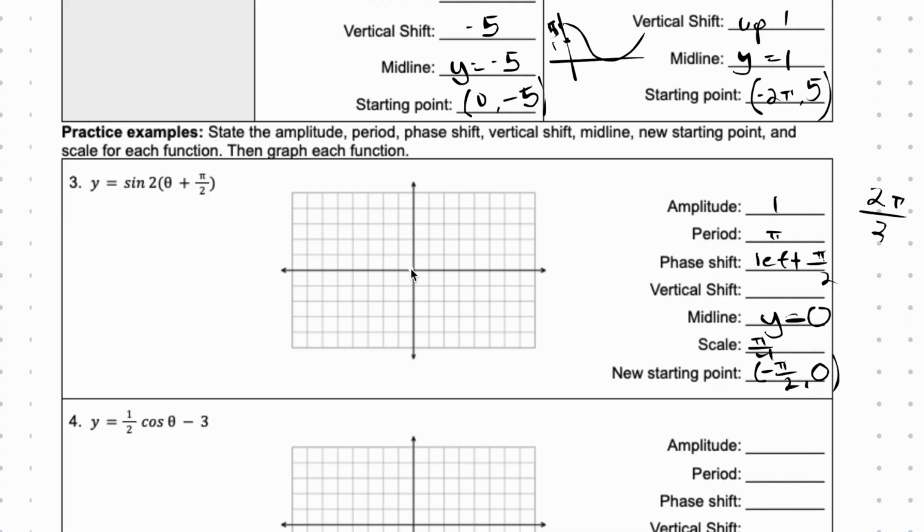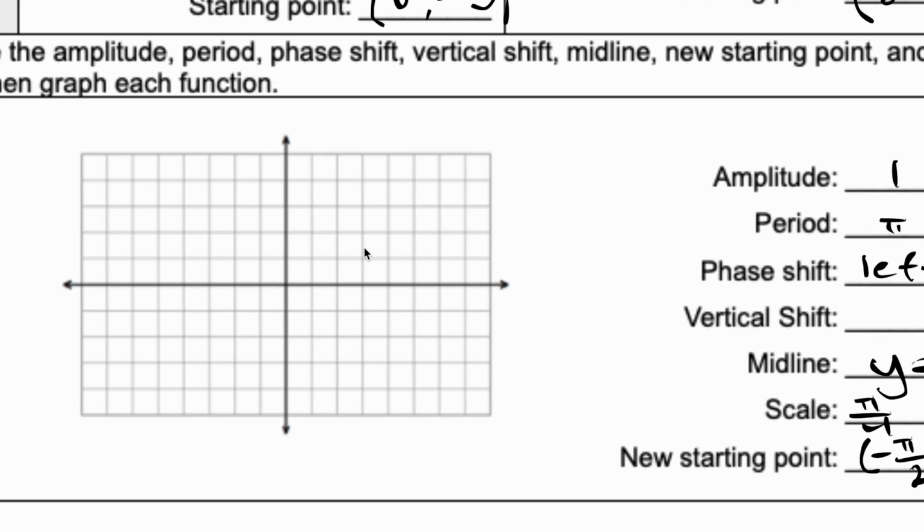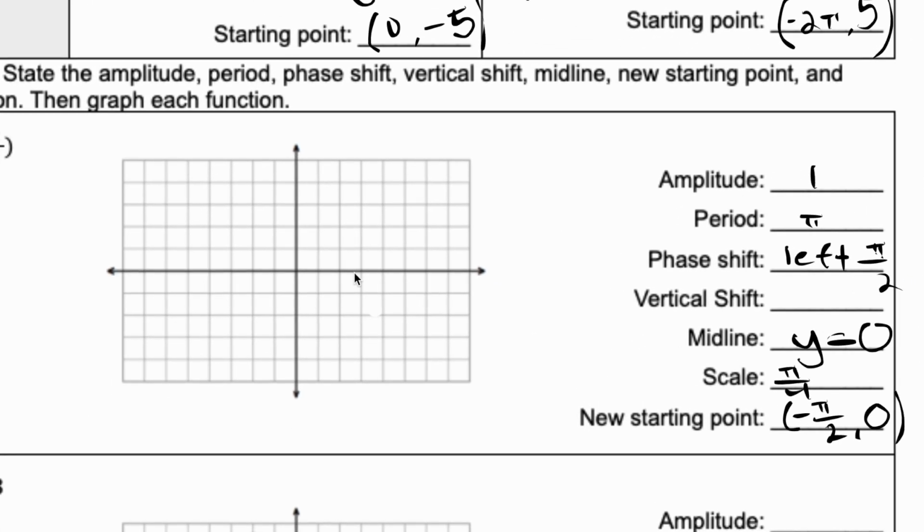Let's just draw this in real quick with the information. We have 0, and our scale is going to be pi over 4, pi over 2, 3 pi over 4, and then pi.